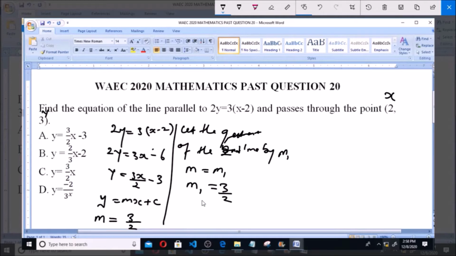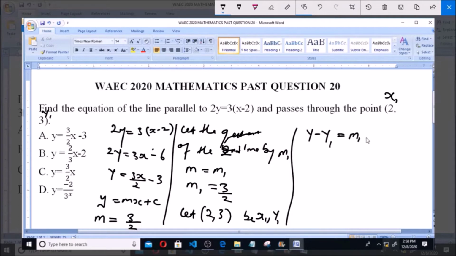So now let 2, 3, which are the coordinates of the point which the parallel line passes through, be x1, y1. Therefore, from y minus y1 is equal to m1 into x minus x1, this is the formula for us to find the equation of a line.